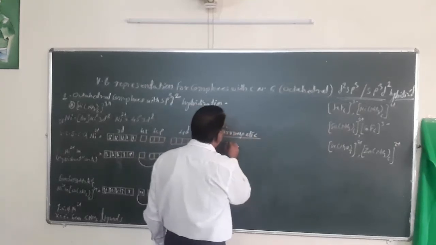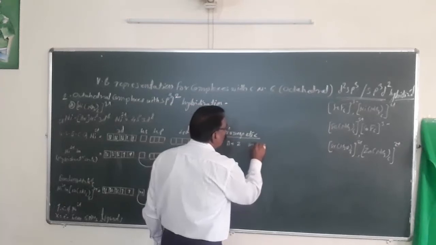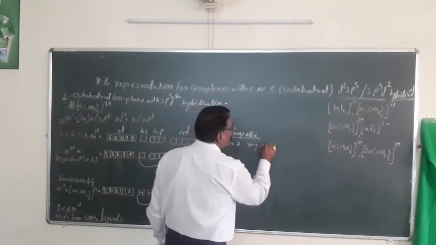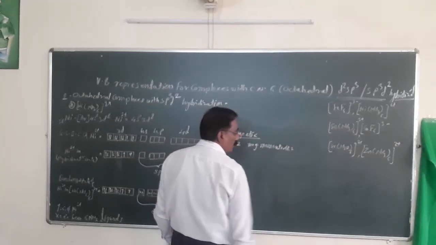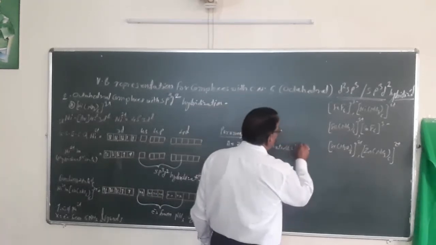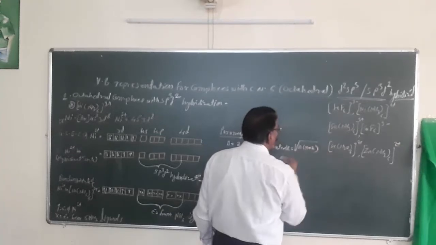As it is paramagnetic, here n is equal to 2, and then we can calculate the magnetic moment by mu is equal to under root n in bracket n plus 2.